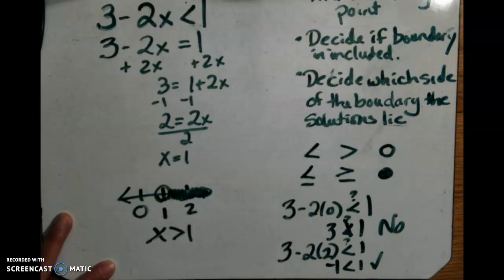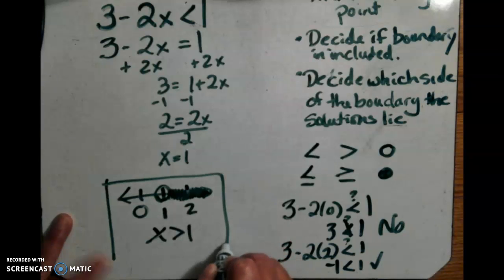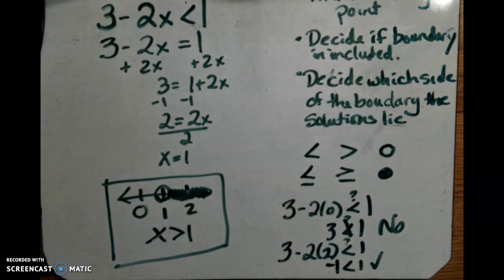That's what this graph shows. And that's what we just proved. Like when I plugged in a 2, that made that true. Okay? So you're going to be asked to do 2 more problems. Make sure that you are showing the solutions to your inequalities in 2 ways, that you show it graphically as well as in an inequality. Okay? Go to it.